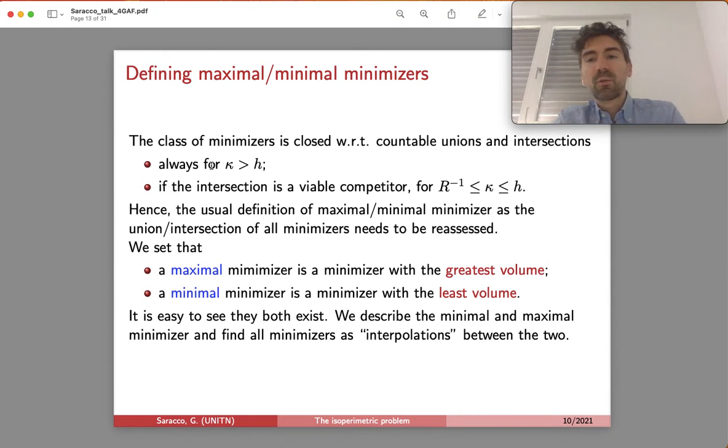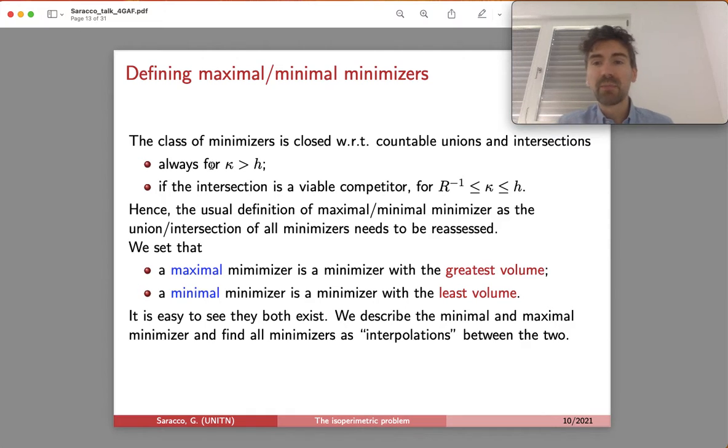So in general, one usually defines maximal and minimal minimizers by taking all the unions, or all the intersections, something like that. Here you're not really allowed to do this. You would be allowed to do this when kappa is strictly greater than the threshold value, but when it is below, it is not. So we're going to define maximality and minimality in terms of the volume.